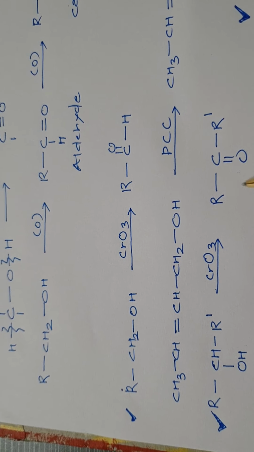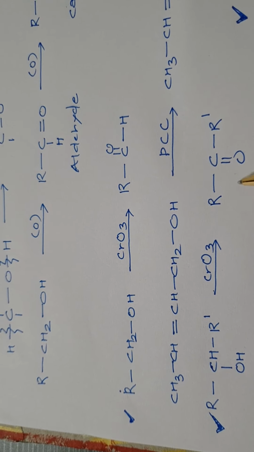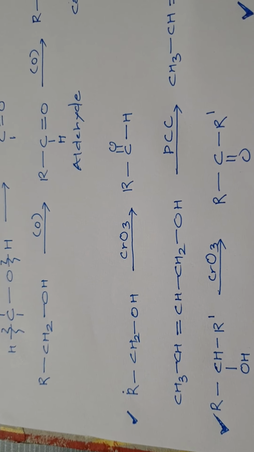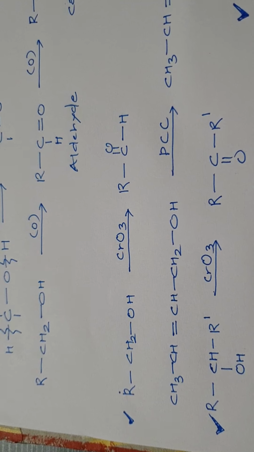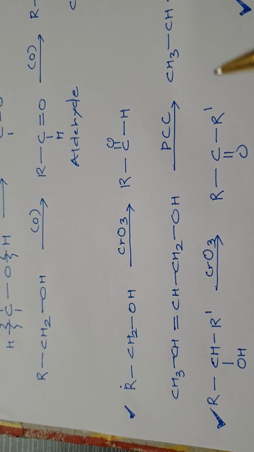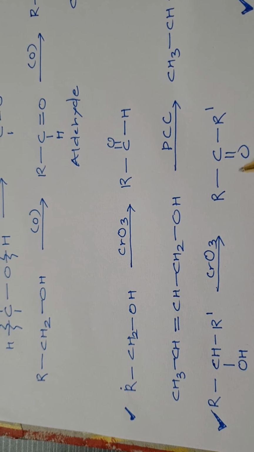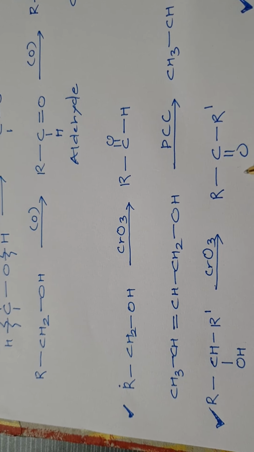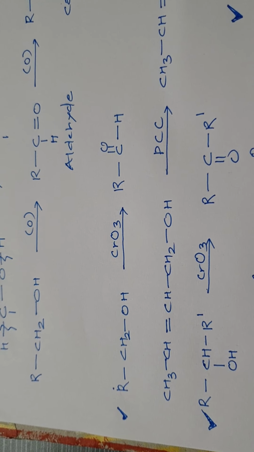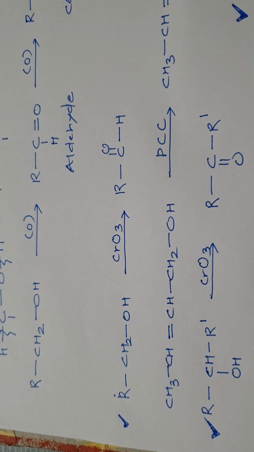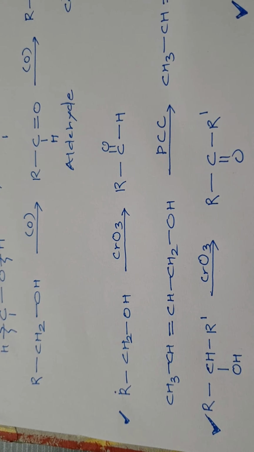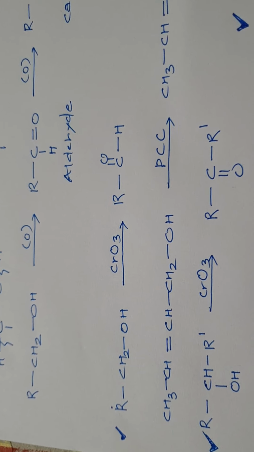But if I make use of a strong oxidizing agent like potassium permanganate, we find that at a raised temperature, tertiary alcohol may undergo the reaction to give us carboxylic acid, and these carboxylic acids formed will have fewer carbon atoms than the starting reactant. So, this is very much clear to all of you, I suppose.